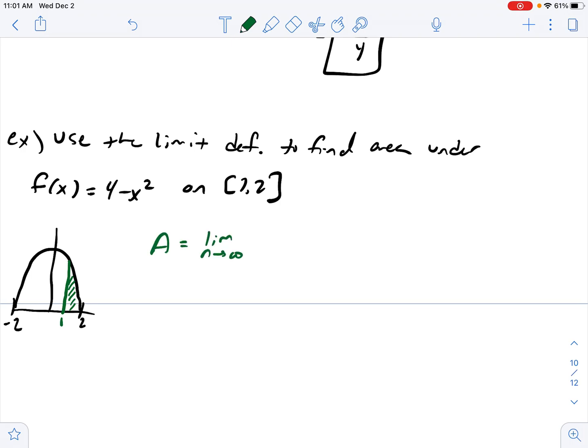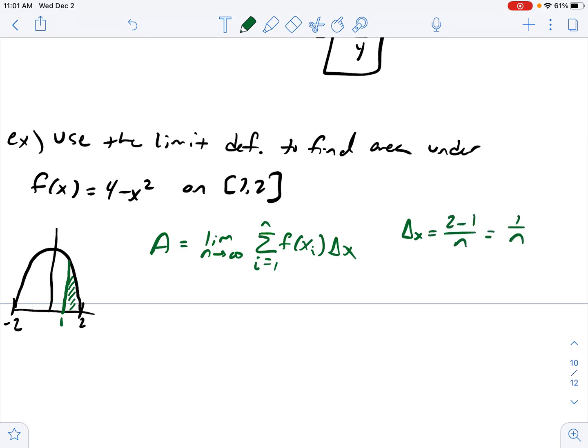Okay, so again, area A equals the limit as n approaches infinity, summation as i goes from 1 to n, f of x sub i, c sub i, delta x. Again, c sub i, x sub i, whichever way you want to notate it, that's up to you.